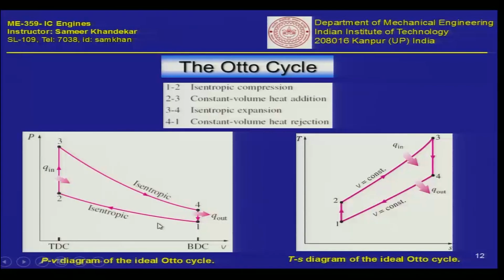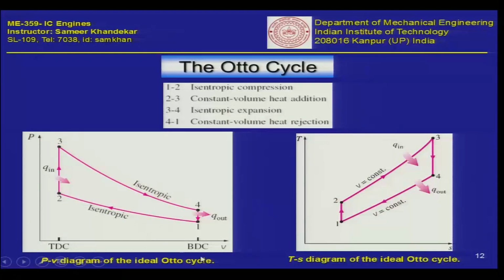As you will recall, we have 4 processes: the compression process, the heat addition process, the expansion process, and the heat rejection process. These 4 processes of a thermal engine are represented here on the left of your screen.